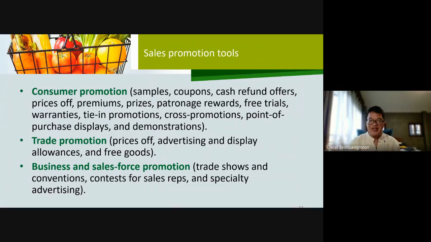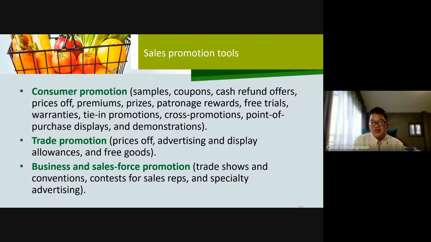All of these are consumer promotion. How about trade promotion? You can reduce the price, do some advertising, display, or sometimes give some more benefits, like an allowance back to the salesperson or free goods to the people.